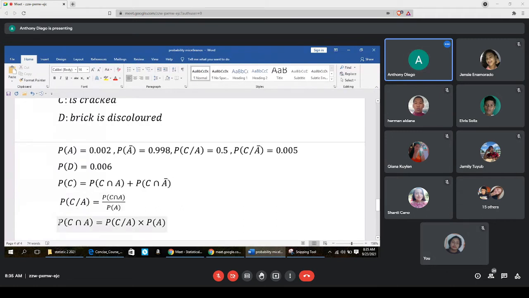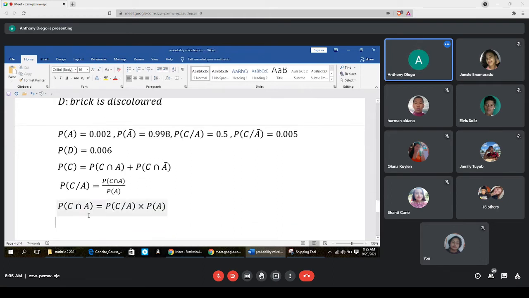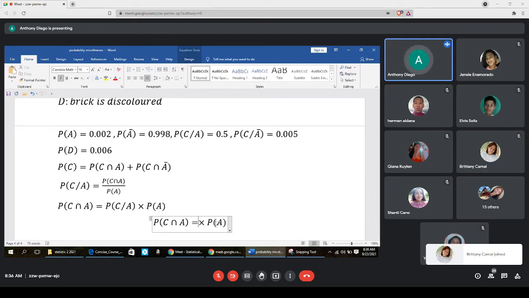So let's find that. Copy and paste. Okay, the probability of C given A is 0.5. That was given. So that will be 0.5.